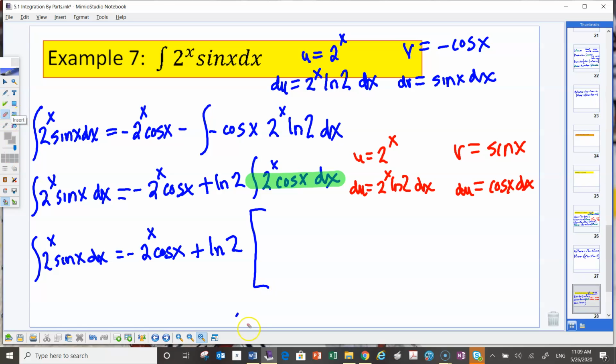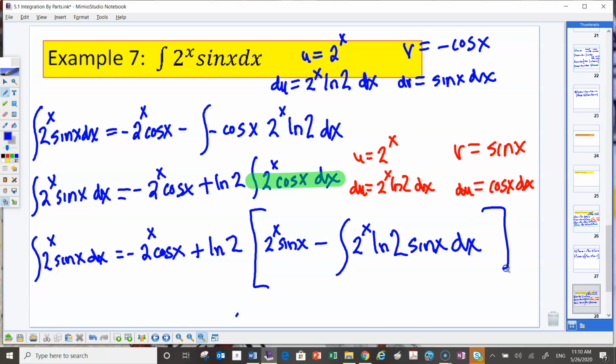And now I have to take the integral of this using integration by parts again. So it's going to be u times v, which is 2 to the x sine x minus the integral of v du. And the integral of v du is going to be 2 to the x ln2 times sine x dx.